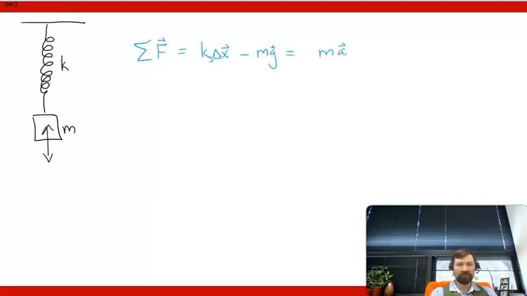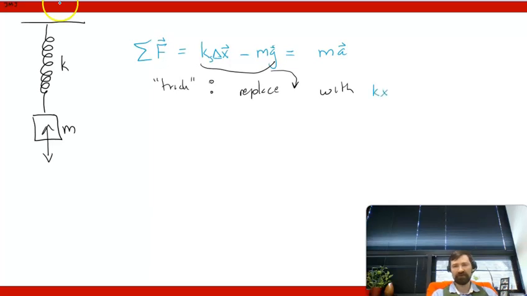Now, let's use a little trick. Since this force varies linearly and this one's constant, replace these with k times x, where x is position relative to the equilibrium position.